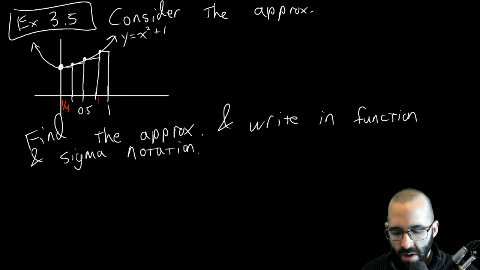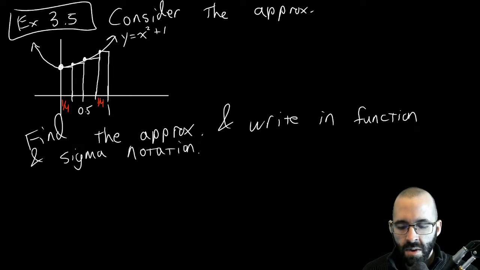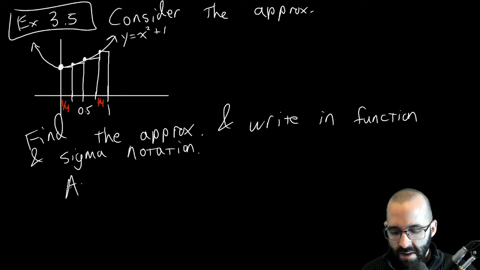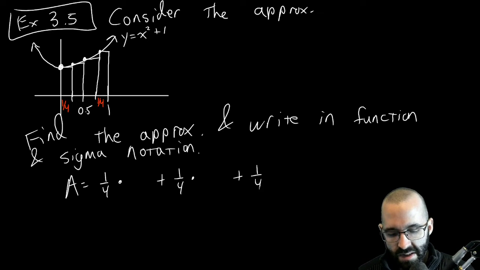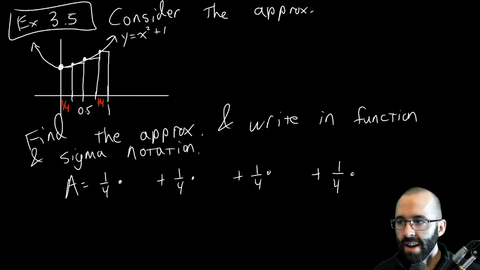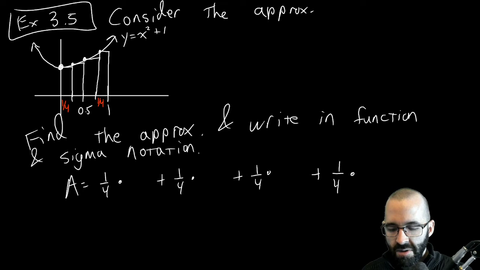They all have a width of 1/4. What's their height? So again, this area is going to be the width times the height, plus the width times the height, plus the width times the height, plus the width times the height. We got 4 rectangles. Well, now we just need to find the heights.